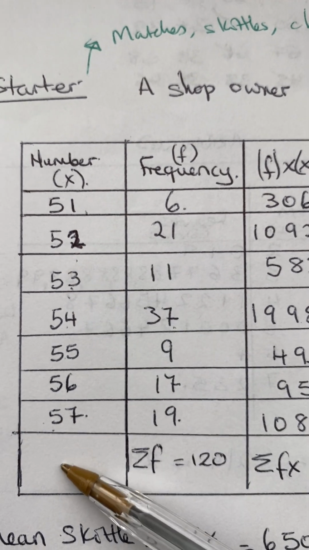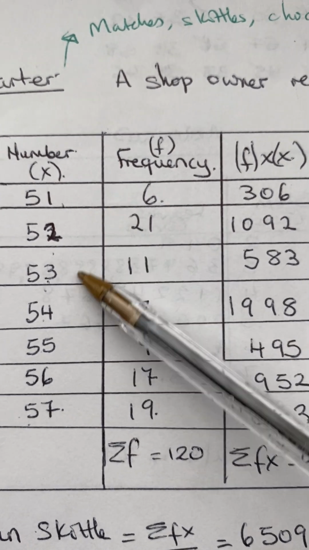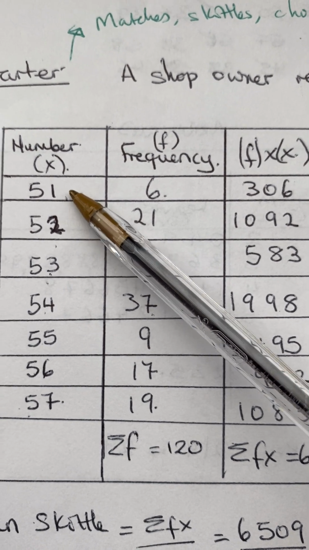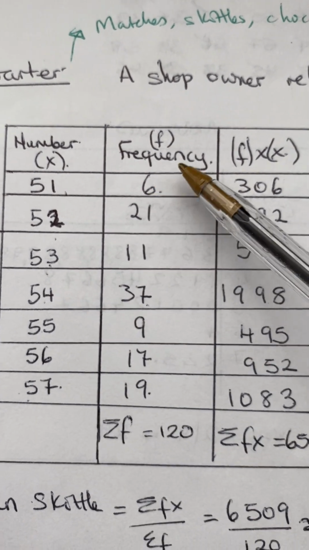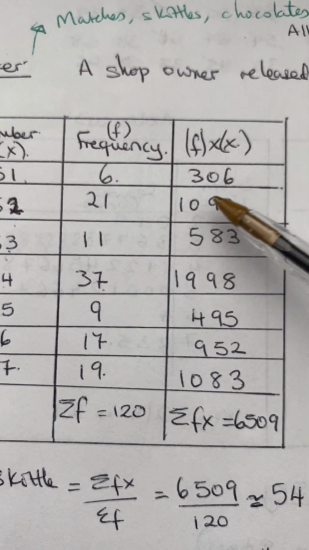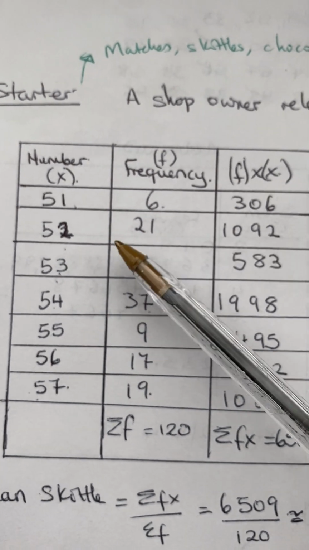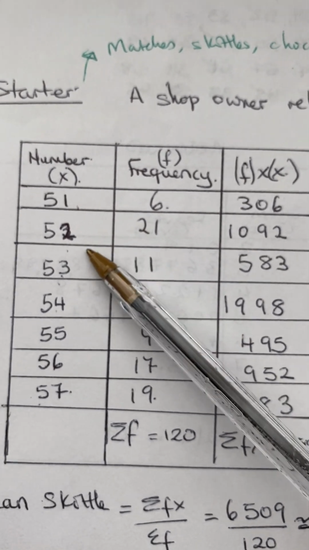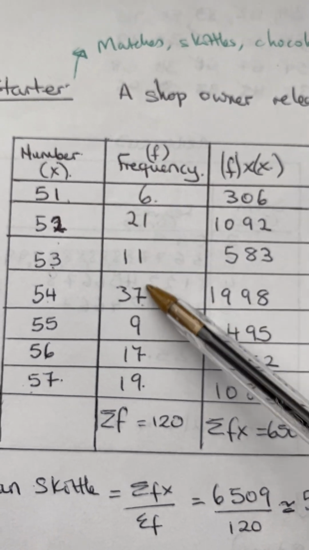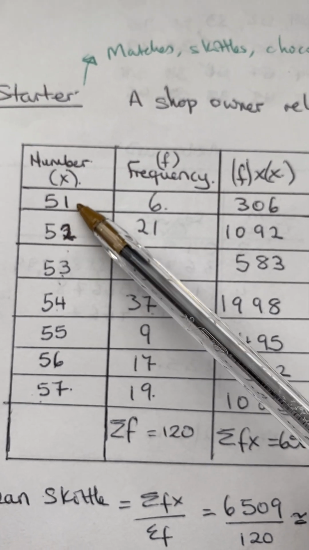So if you are lucky, you might have a question like this, where they'll just give you the X and then the frequency. In this situation, you don't have to find the midpoint, because you can't group them. They've given you the frequency, so your X here will not be your midpoint.